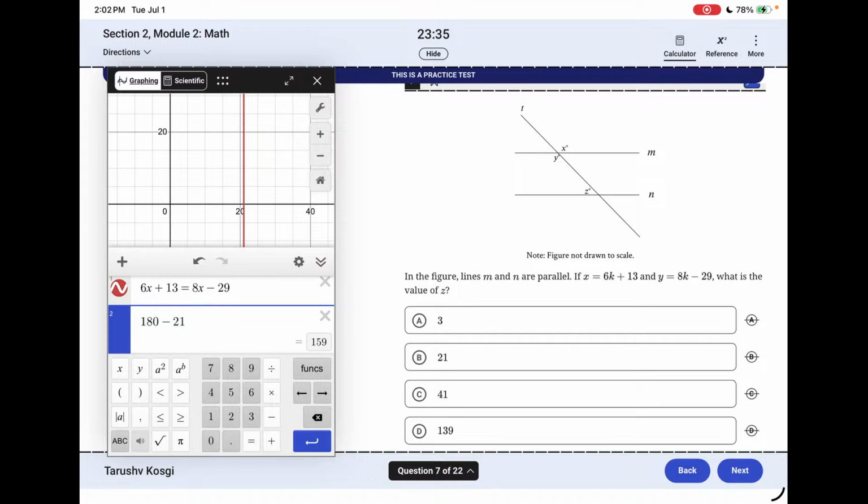Okay. So maybe it's just 180 minus one of these. So z plus y should equal 180.